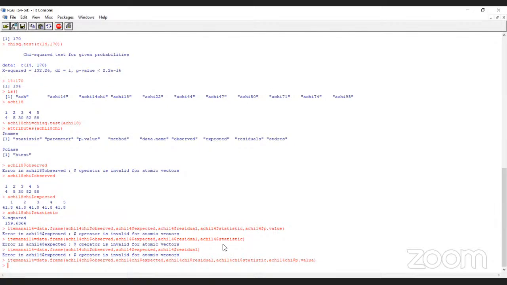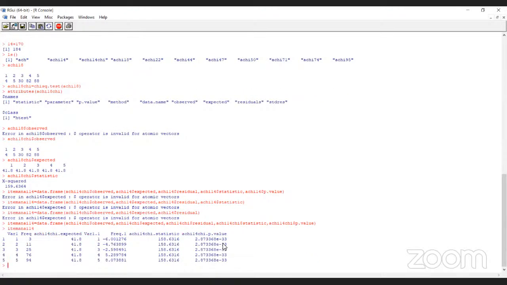Yeah, good. So you write down only the item ANA I4. Enter. Got it? Yes, sir. So what happens? For 3, for 11, for 25, for 76, for 94, you will get all the data.